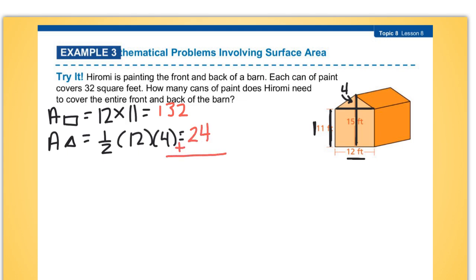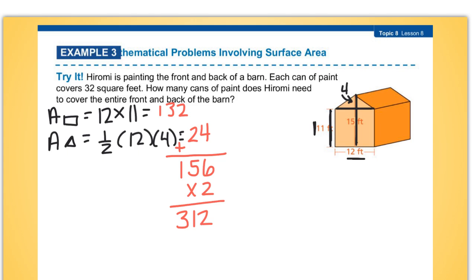I'm going to add those two things together, and I'm going to get 156, which is awesome, but that's only the front and the back. So I need 312 square feet of paint.